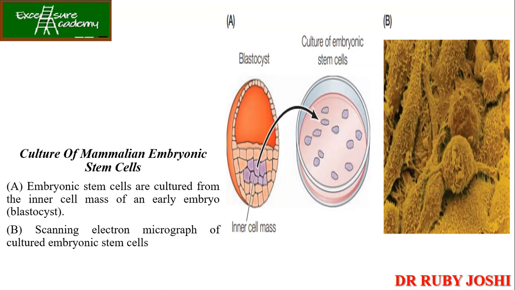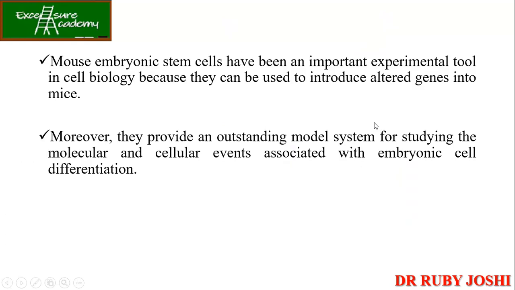Did you get it? So it is possible to study and do research using the mouse embryo. But with the human embryo, many ethical concerns are coming, and that's why it is not so popular in the market.